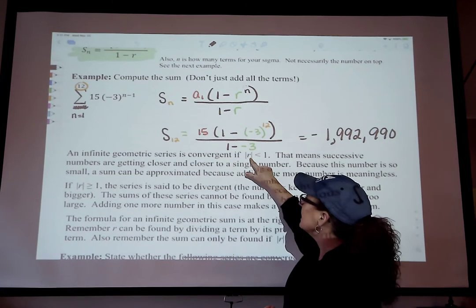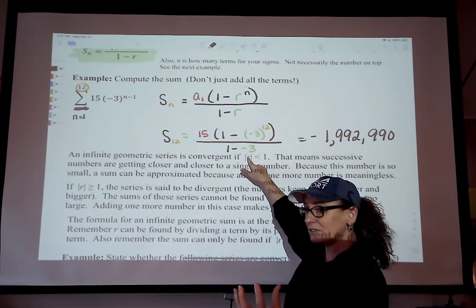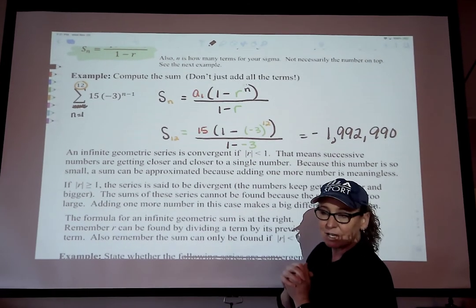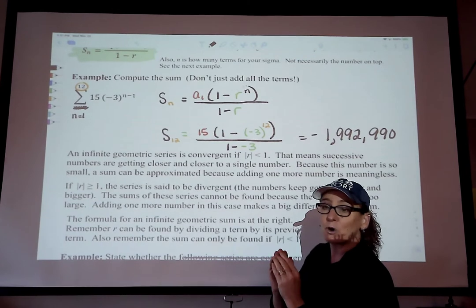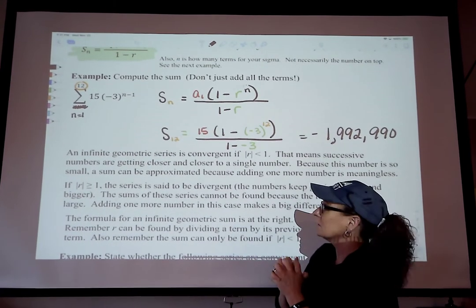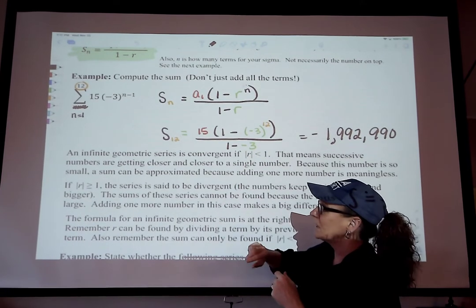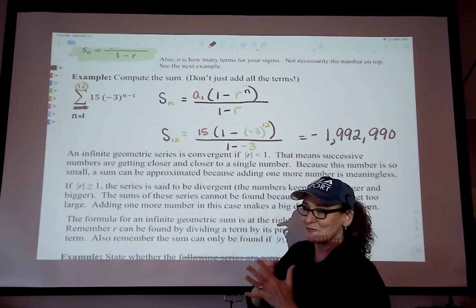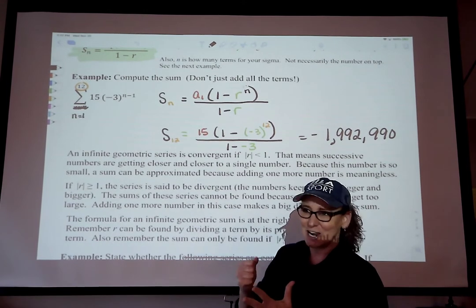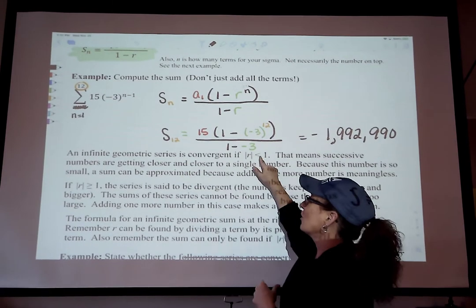It's convergent if our R, the absolute value of it, so positive, negative doesn't matter, is less than 1. We're looking for some type of proper fraction, some type of number between 0 and 1. We can find the sum of the infinite number of terms if it's geometric and if R meets this requirement.